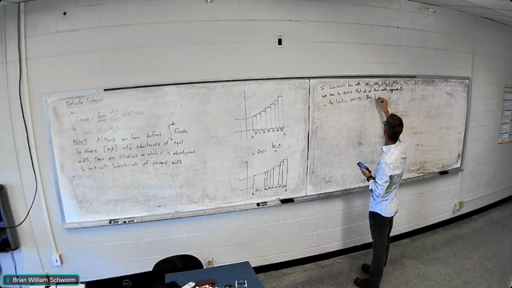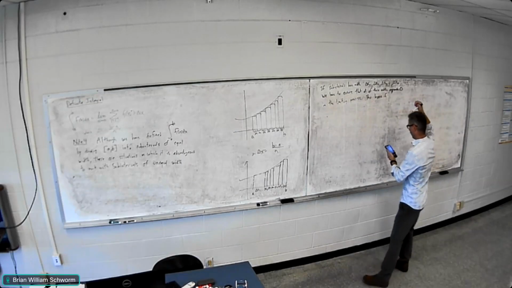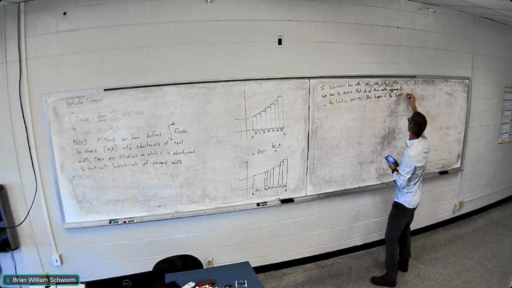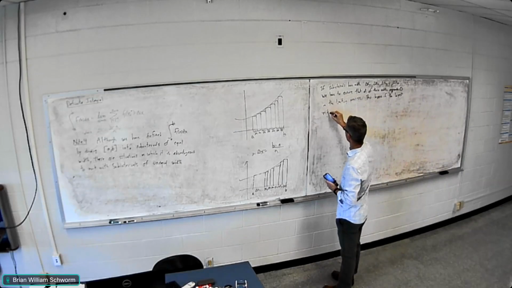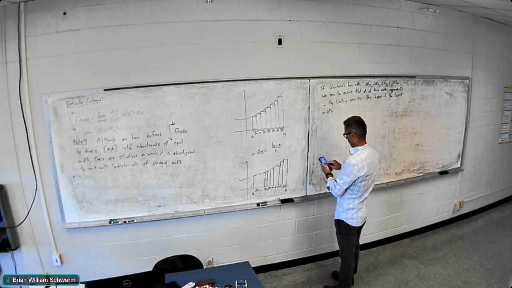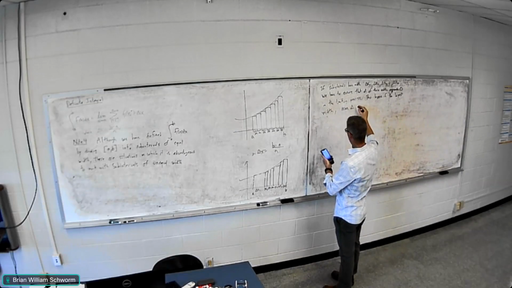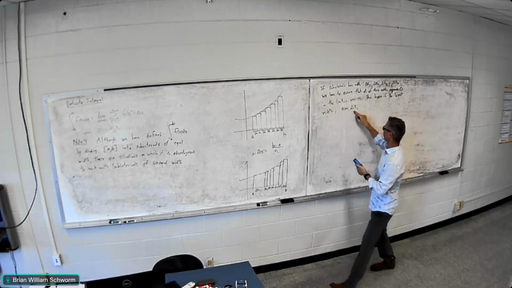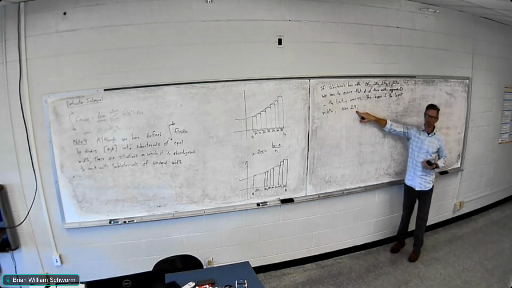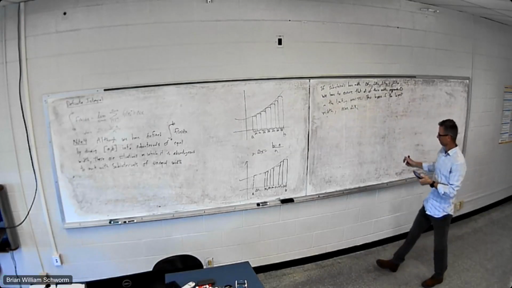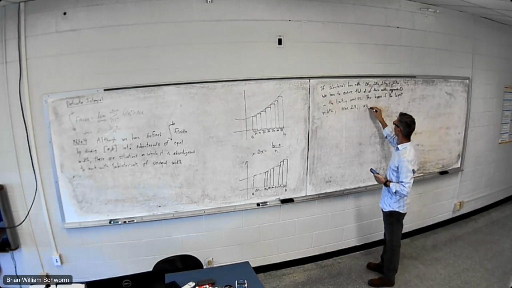This happens if the largest width, which they label max delta x sub i, so this just represents the maximum width of those rectangles, approaches 0.